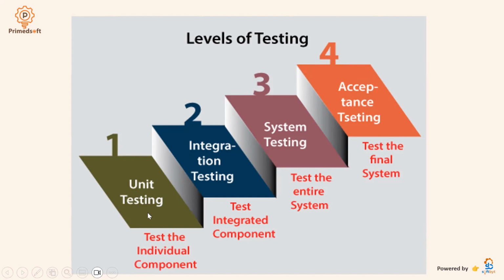So now let's look at unit testing, right? Unit testing focuses on the individual components, units. You focus on the individual components of any part of the software, right? This level of testing focuses on the smallest units of that software application.